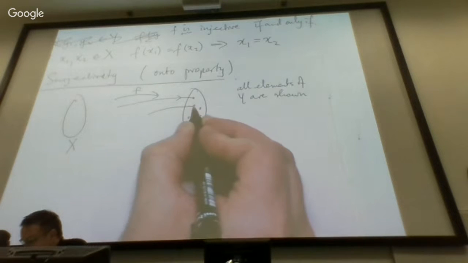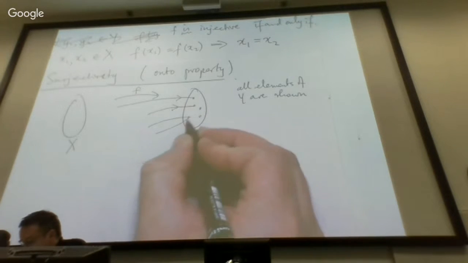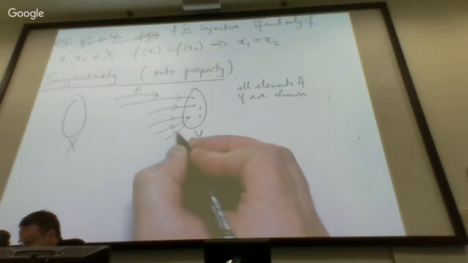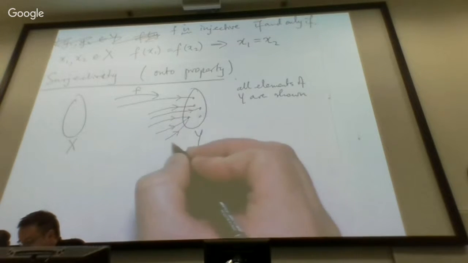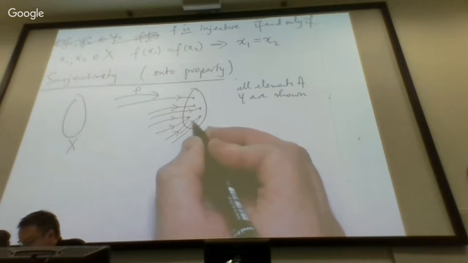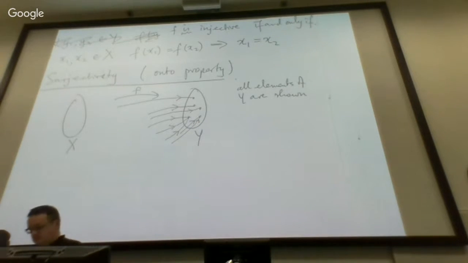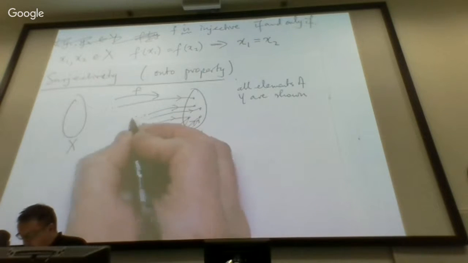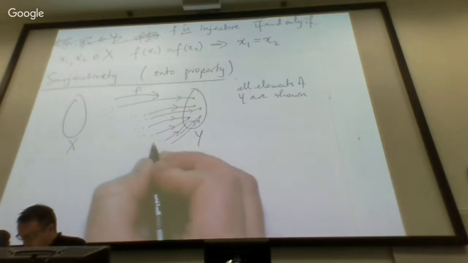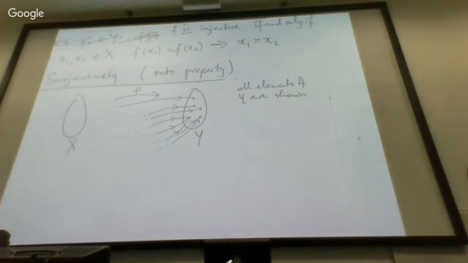And then the function is surjective if every element in the codomain actually occurs as a value. I won't bother showing where these arrows are coming from. That's not important. They're all coming from the set X, obviously. I'm not interested in showing the elements where the arrows are coming from, just that they are coming from elements in the domain. So a function is surjective when every element in the codomain occurs as a value.